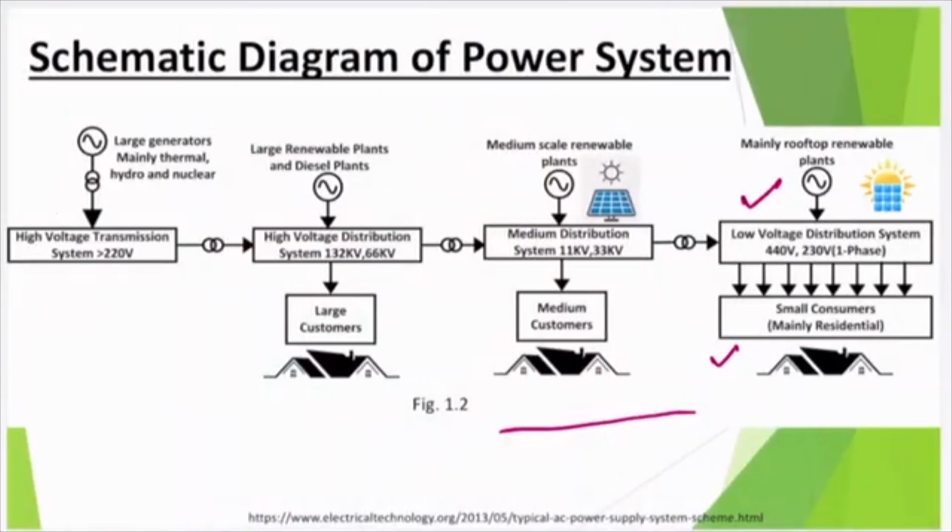So we can note down one point here, dear students, that because of the renewable integration to the distribution and transmission system, this is not only going to enhance the energy capability of any power system, but it may also reduce the distribution and transmission losses in the long run.